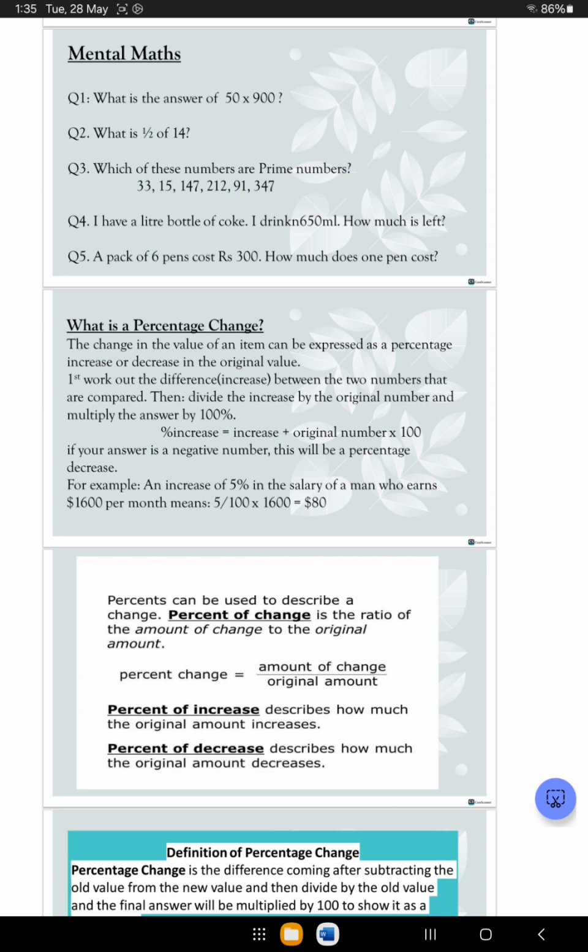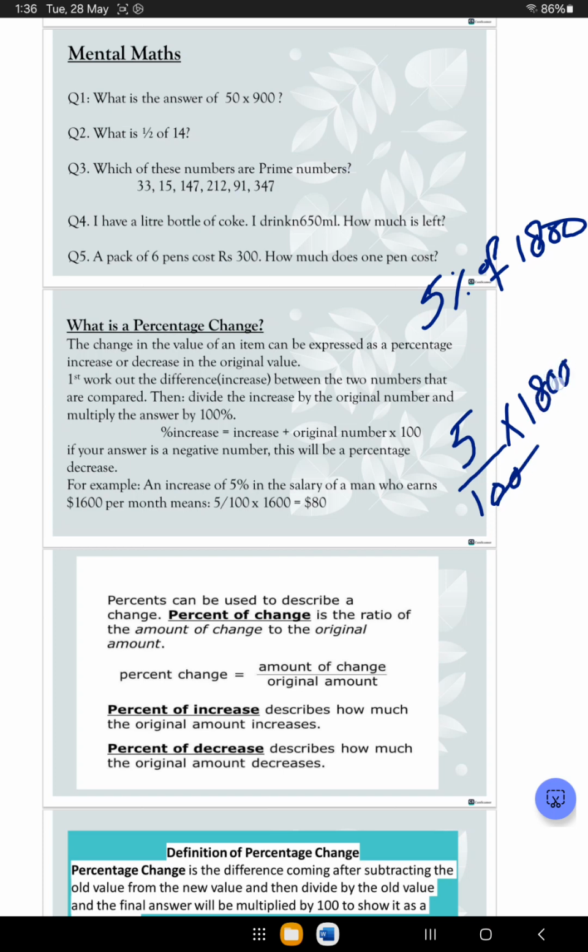If we have a question, 5% of 1800, when we remove the sign of percentage, we just divide by 100 and times 1800. 00 cancel out. 18 5s are 90. Okay.